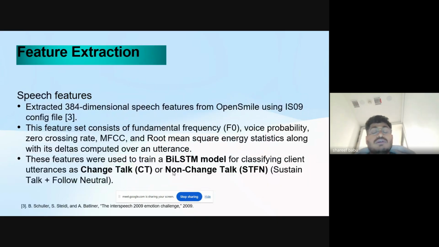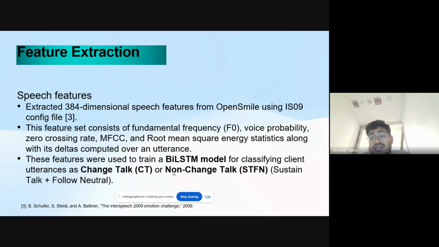In terms of speech representations, we extracted OpenSmile features. There we looked at features like fundamental frequency, zero crossing rate, MFCCs, and root mean square energy, which give more understanding for feature extraction in motivational interviewing. And we tried this with BiLSTM models.